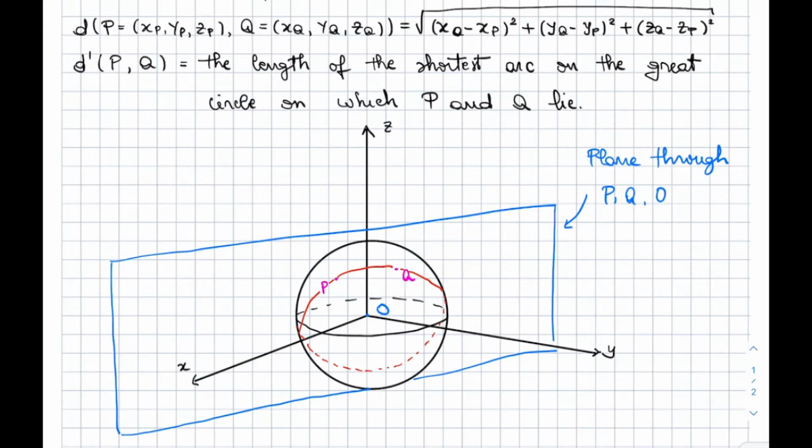What we want to do now, as we have two distances on the sphere, is to compare these two distances. So first of all, we have to answer the question what it means to compare two distances.